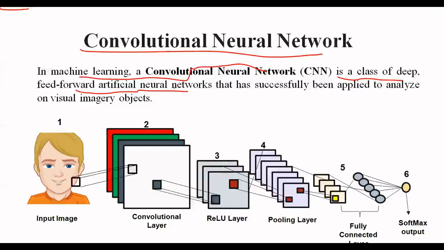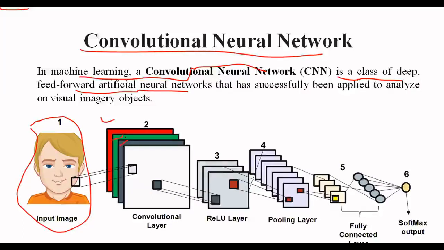In a convolutional neural network, input is mostly an image or a video. And as you know, our image has three input values, red, green, and blue, which are the fundamental colors to create any kind of image.